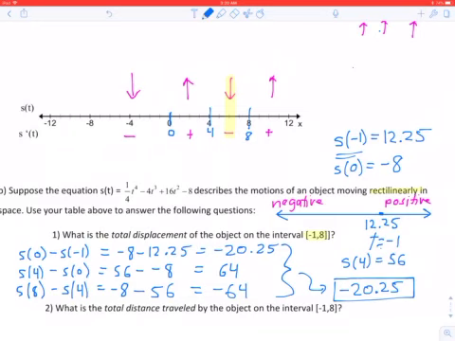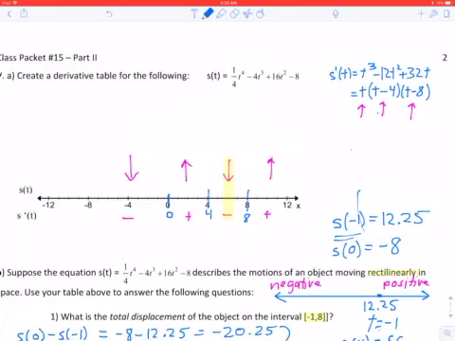And what you'll find is if you plug the original function into y equals and then just find the displacement on the whole interval, I'll show you in a second, you actually get the same number. So put that function into y equals, get y1, and do y1 of 8 minus y1 of -1.